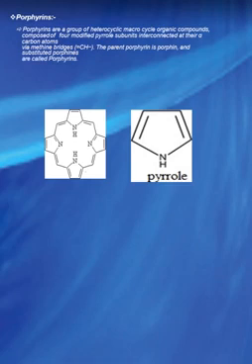It is a 5-membered aromatic ring with 4 carbon atoms and 5 hydrogen atoms and 1 nitrogen atom, and the molecular formula is C4H4NH.